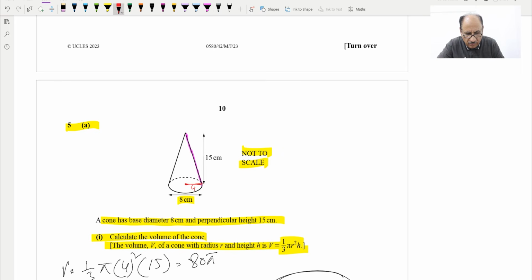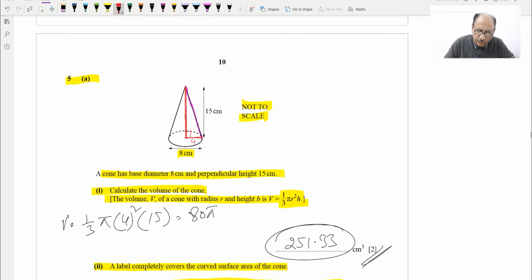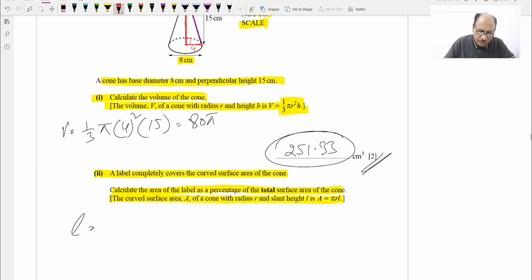If we take the perpendicular height over here, this will be a right angle triangle. So we have the perpendicular and the base, and we will apply Pythagoras theorem.